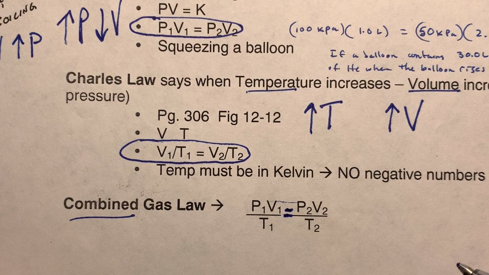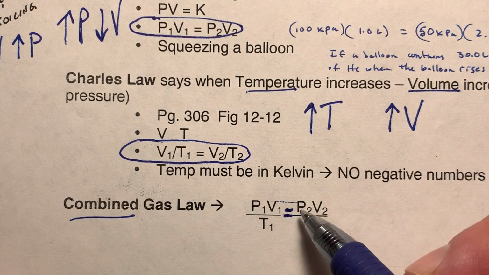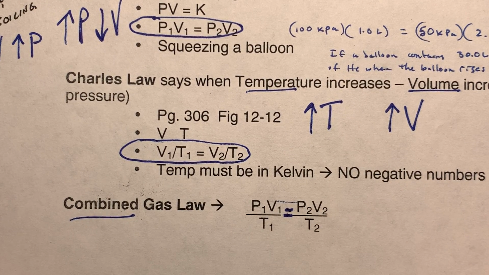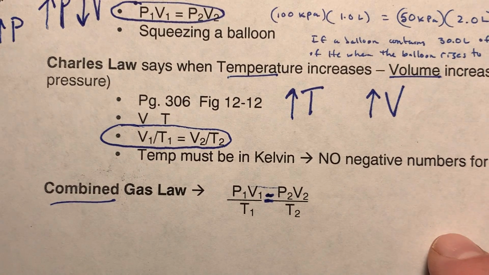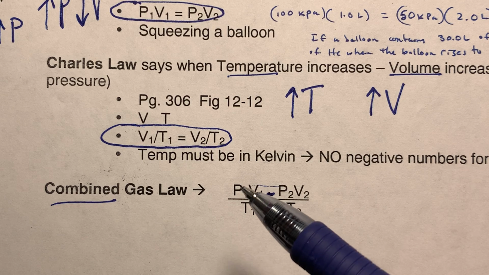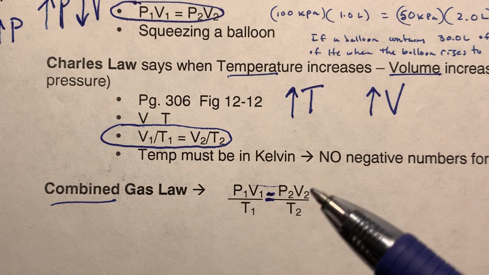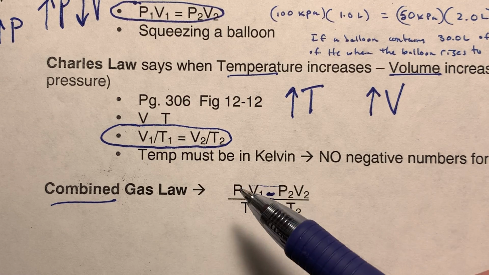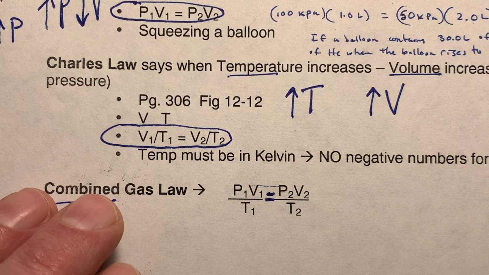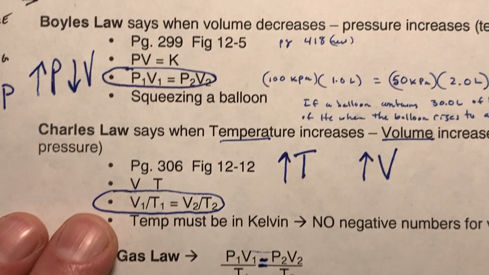Or if I didn't have pressure in my problem, I could cross off pressure, and I would just have Charles' Law left over. But oftentimes when we are working with gases, we're going to be dealing with a pressure, a volume, and a temperature. It's rare, depending on the circumstance, that you don't have all three of these involved in a calculation.